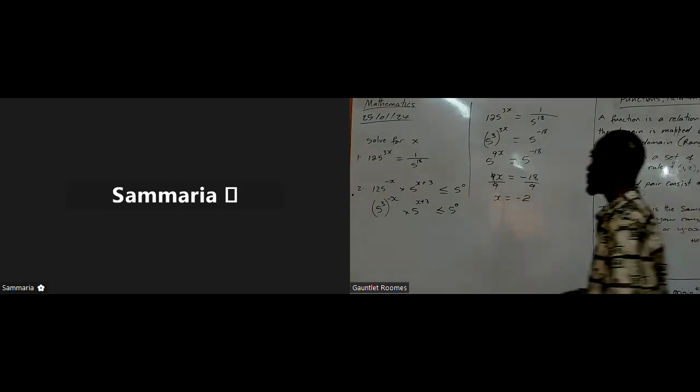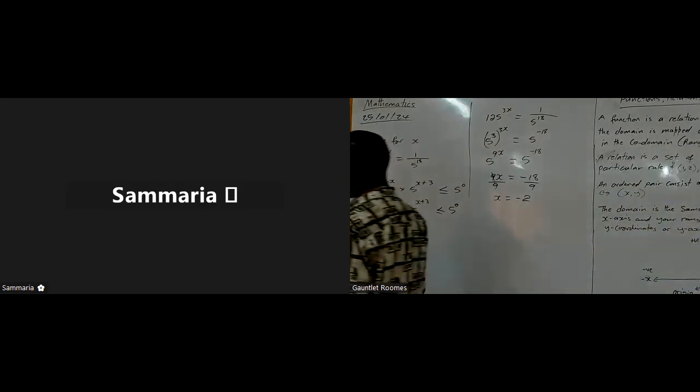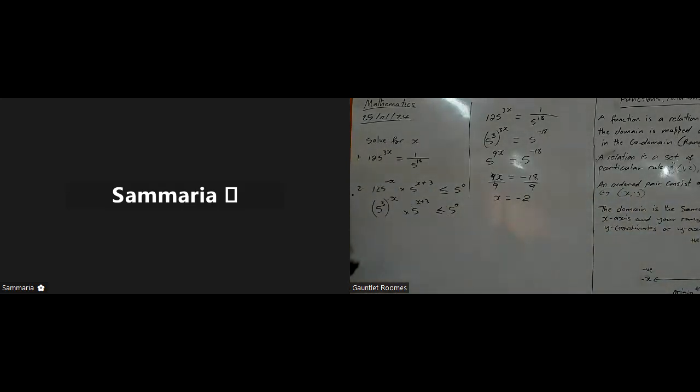Go ahead and we apply the power rule. So we have 5 to the power of 3 times negative x, times 5 to the power of x plus 3, less than or equal to 5 to the power of 0.